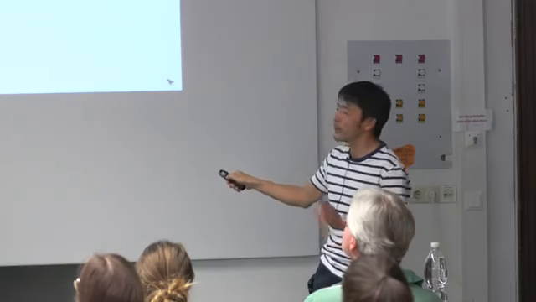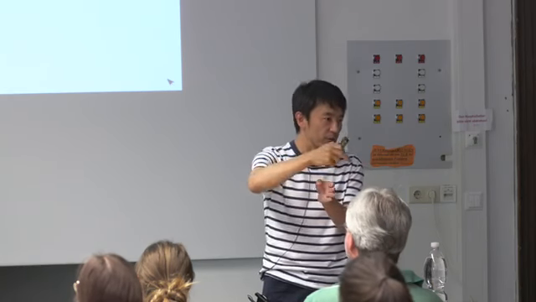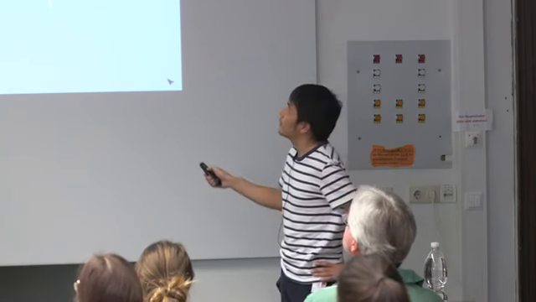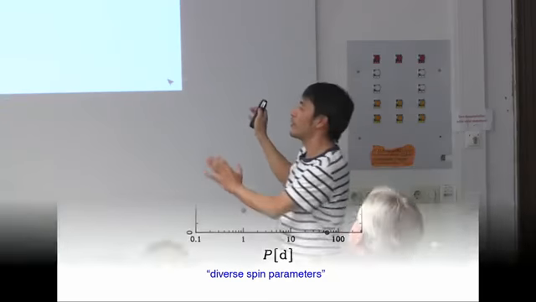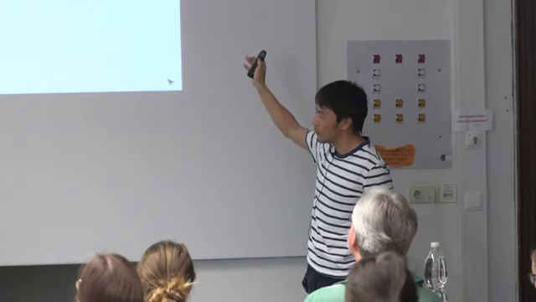They have prograde spin, which means the spin direction is the same as the orbit direction. But Venus has retrograde spin, and the period is larger than 200 days, so it's almost not spinning. From this figure, it's a bit difficult to say quantitatively the probabilities, but at least we can say it's very diverse, right?